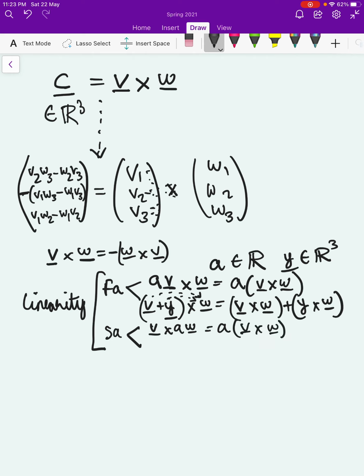We're not going to prove it, but this is a fact. And then v cross w plus y is equal to v cross w plus v cross y.